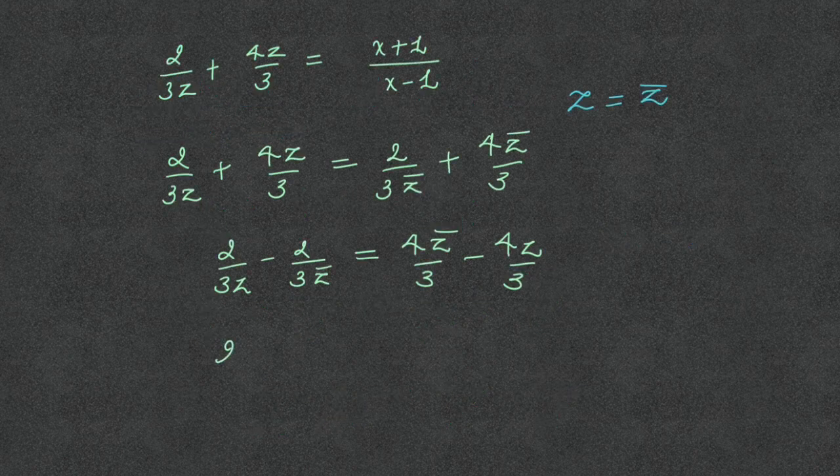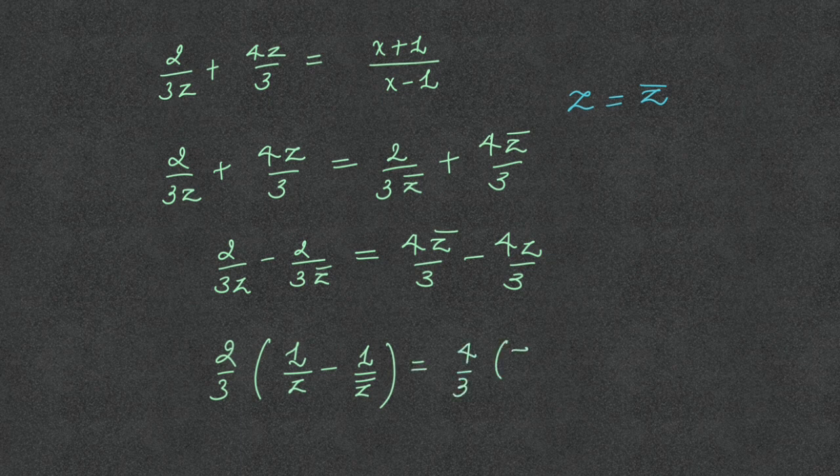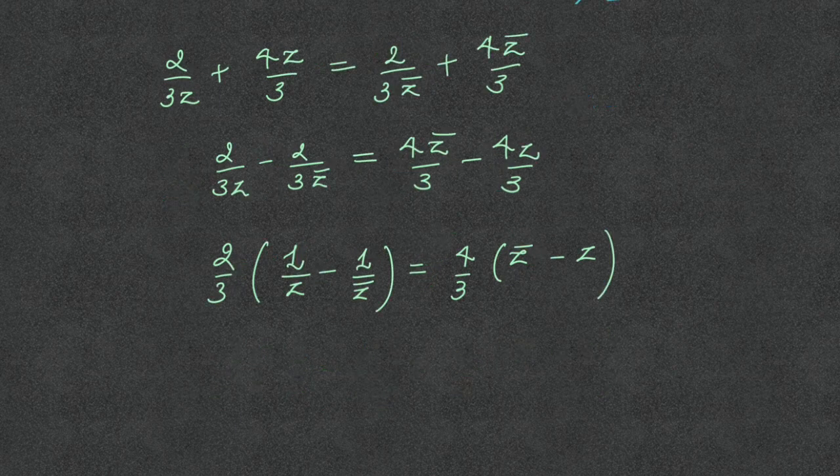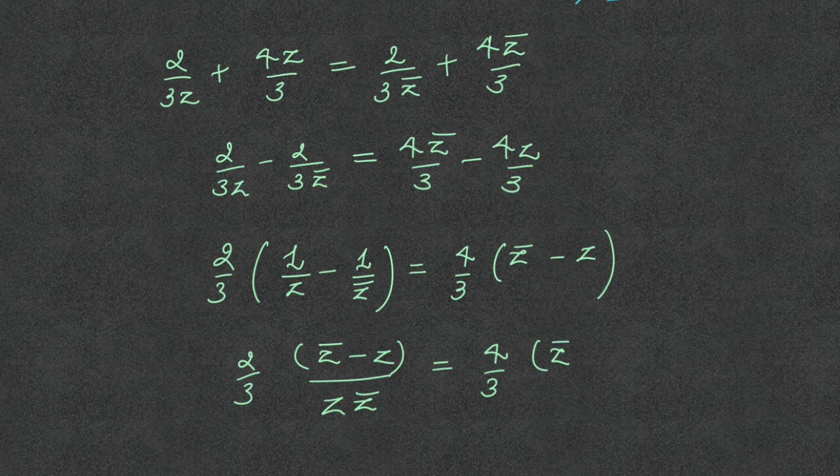Take common 2/3, we have 1/z − 1/z̄ equal to 4/3 common, z̄ − z. Taking LCM, we get (2/3)(z̄ − z)/(z z̄) equal to (4/3)(z̄ − z).